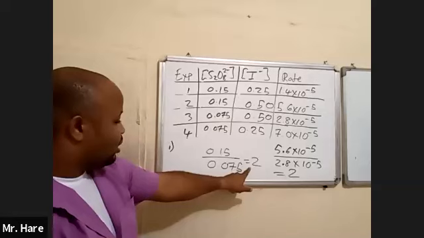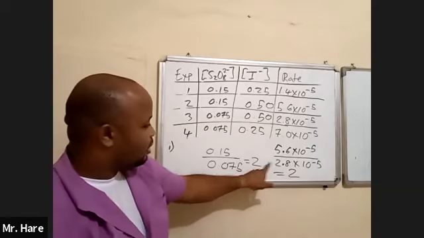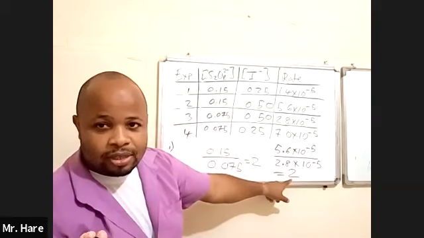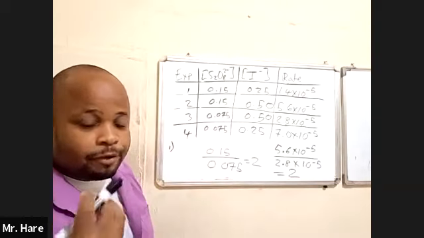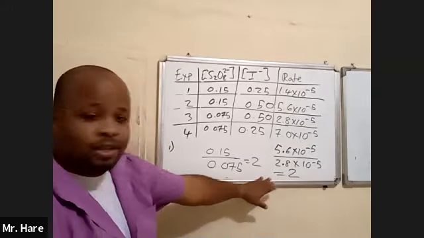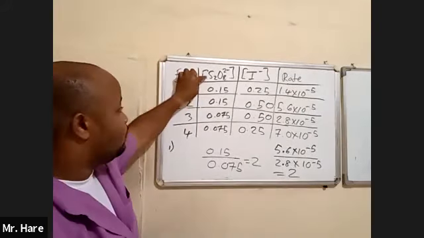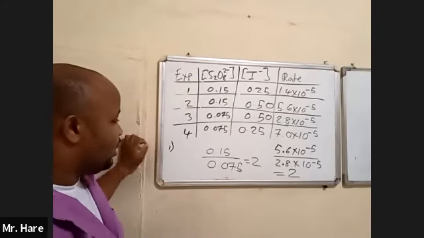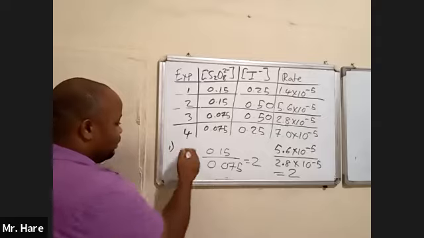So the concentration doubles, the rate doubles. That means it's proportional. When it's proportional, it's first order. So that is how we know that it's first order with respect to S2O8. So we've finished with S2O8. It's first order.